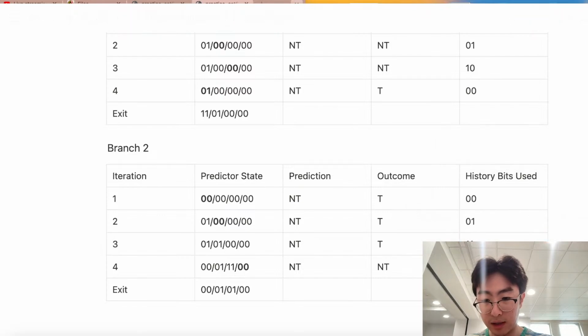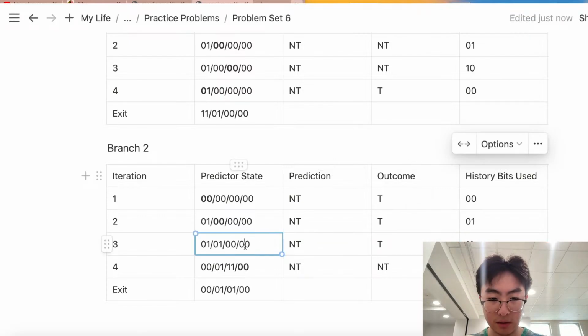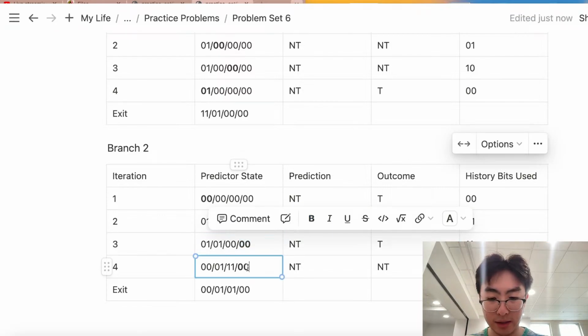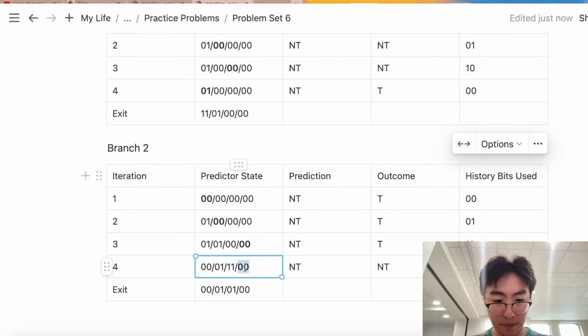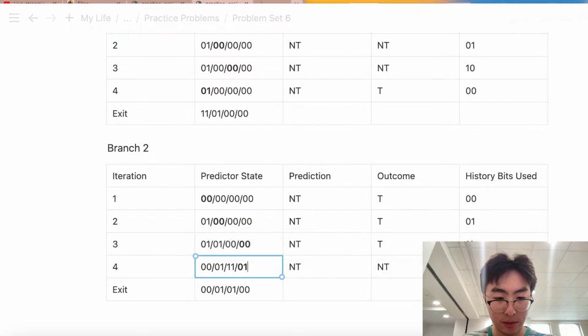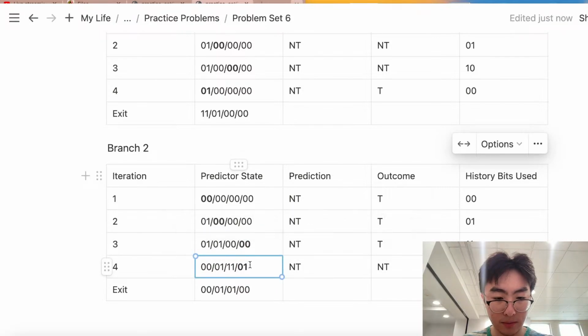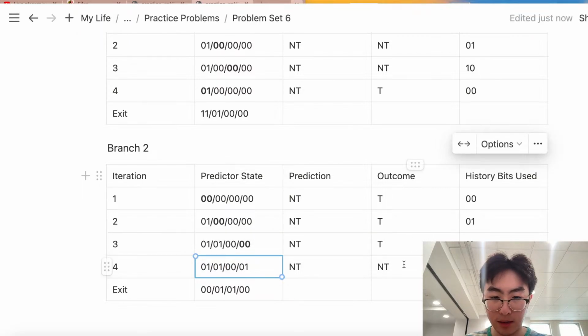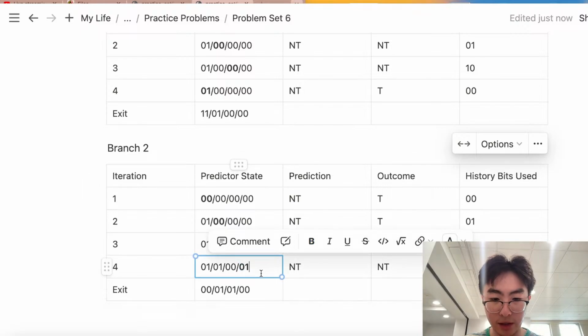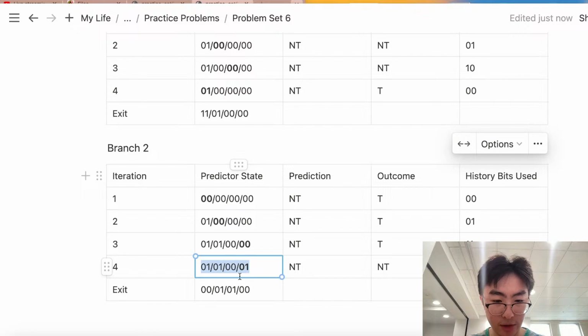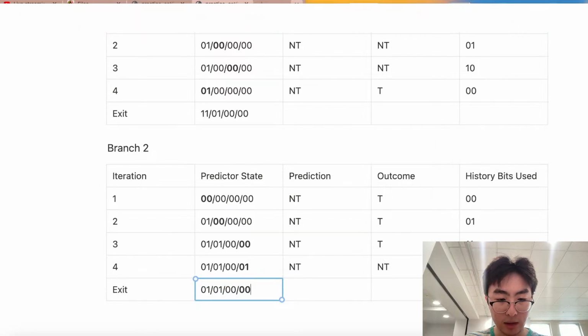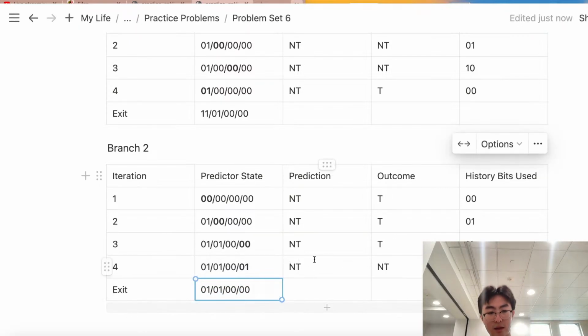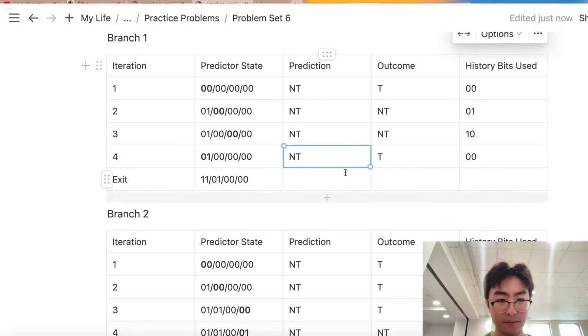It's still not taken prediction, but now we index number 3. Okay. So it'll be 0, 1. Nope. And that'll be 0, 1. But in this case, the history bit is also 1, 1. So we're going to change this again. We're going to change it back to 0, 0. Okay. So I think this should work now.